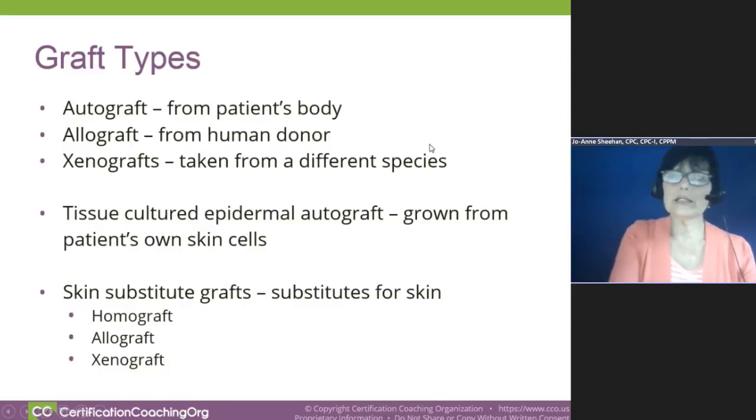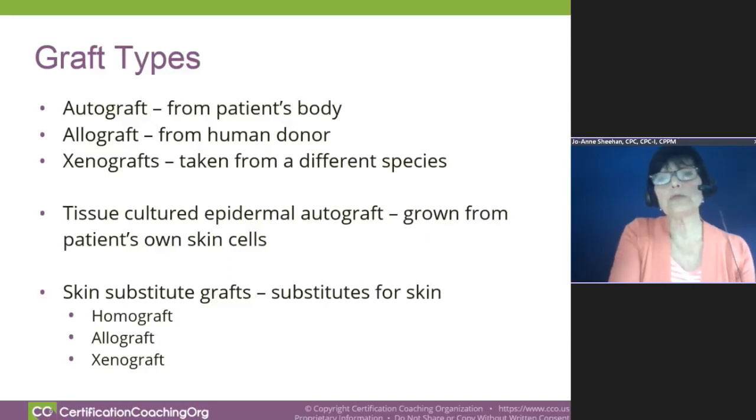To understand the different grafts, we have autograft, which is from the patient's body; the allograft from a human donor; the xenografts taken from different species, such as a pig; tissue cultured epidermal autograft, grown from the patient's own skin cells; and skin substitute grafts, substitutes for skin, and that can be a homograft, an allograft, or a xenograft.